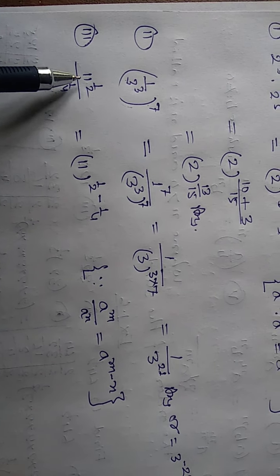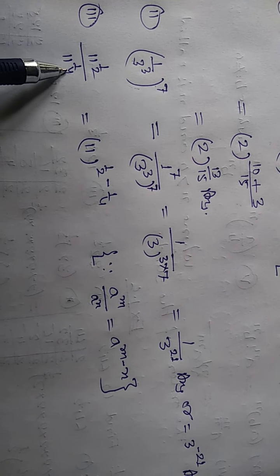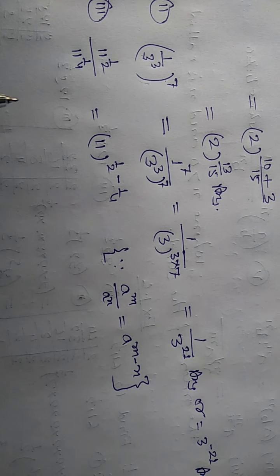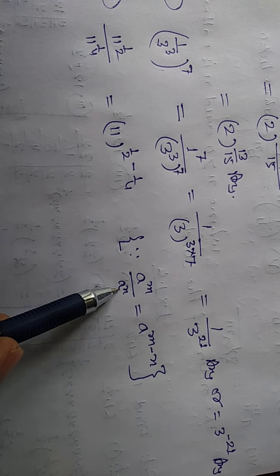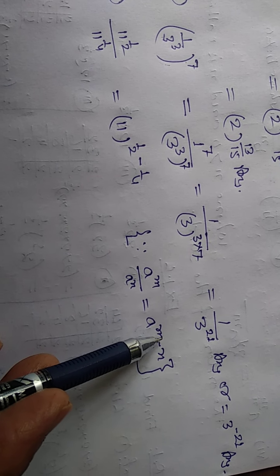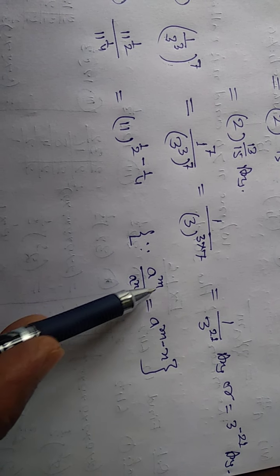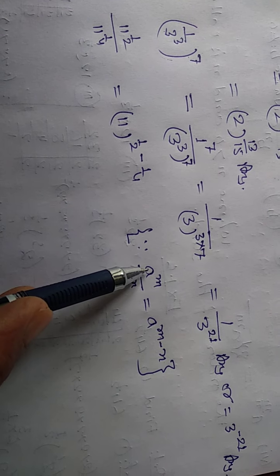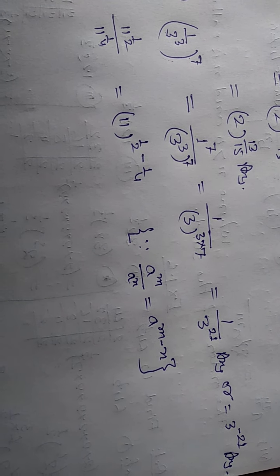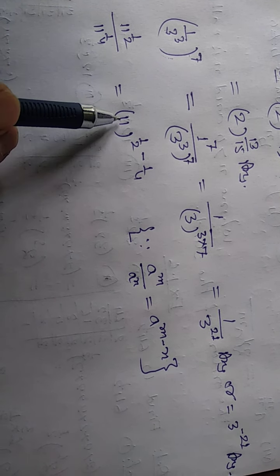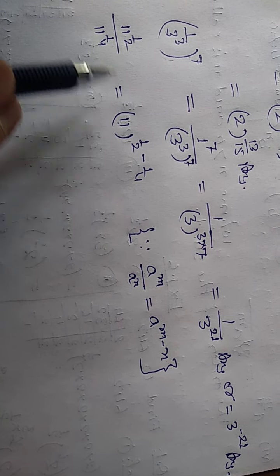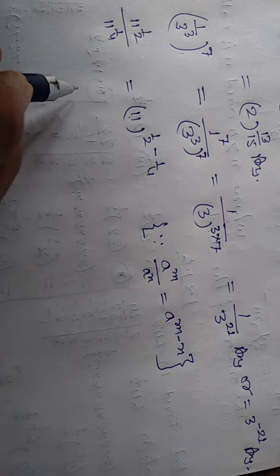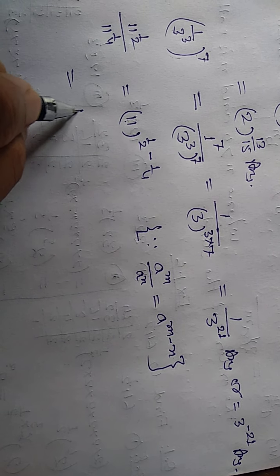Now number 3, 11 to the power 1 by 2 divided by 11 to the power 1 by 4. It is equal to 11 to the power, as you know this formula, a to the power m by a to the power n is equal to a to the power m minus n. That means you will subtract both the exponents when both are divided and bases are same. Now your base is 11, then 11 and subtract these two, 1 by 2 minus 1 by 4. Solve this exponent.